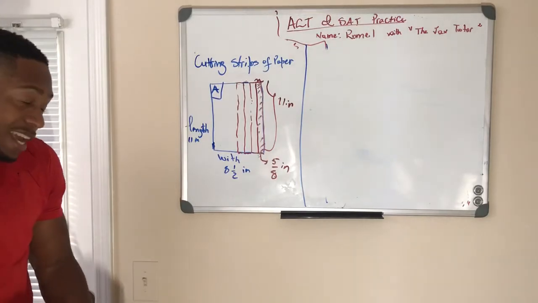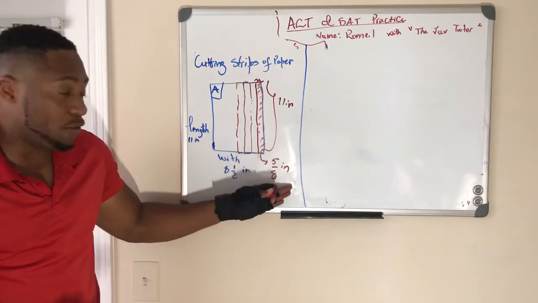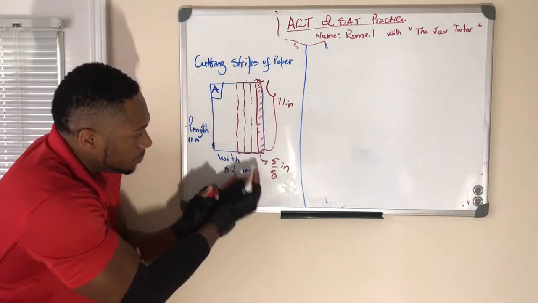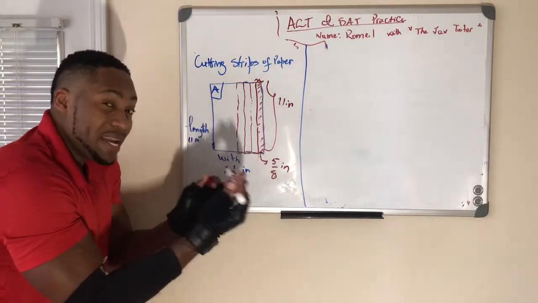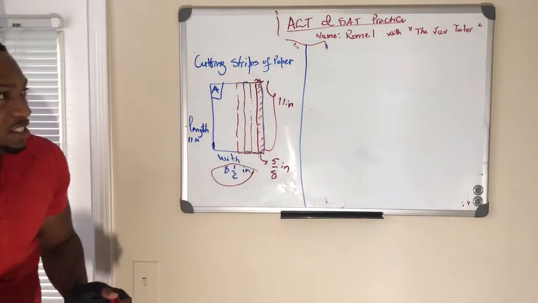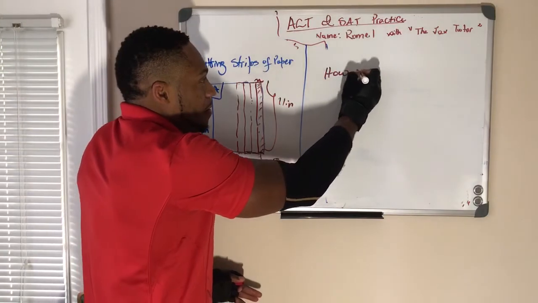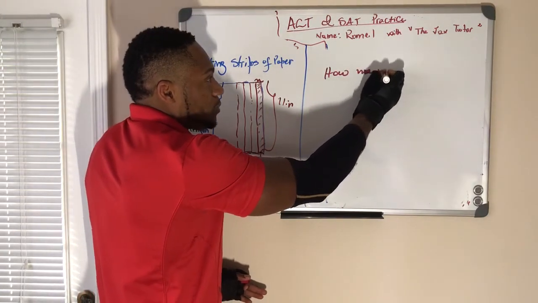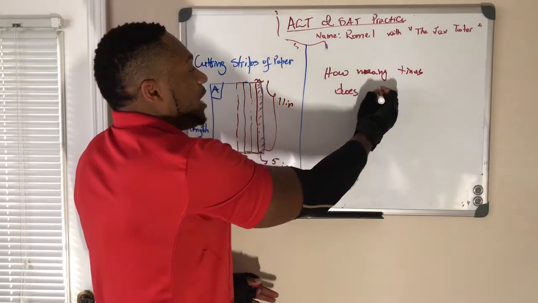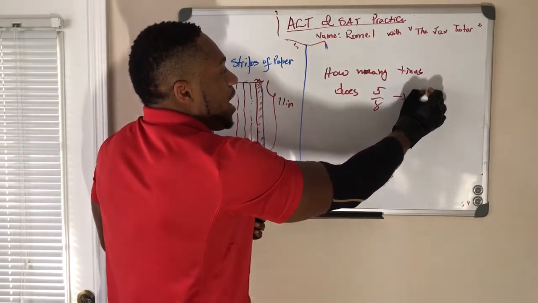That means I'm not touching the length. Every time I cut, I still get 11 inches long. And they say the width is 5/8. So what I'm saying here is 1 of 5/8, 2 of them, 3 of them, 4 of them, however many 5/8 I can get out of this 8.5 inches. So what I'm really saying is how many times does 5/8 go into 8.5 inches?